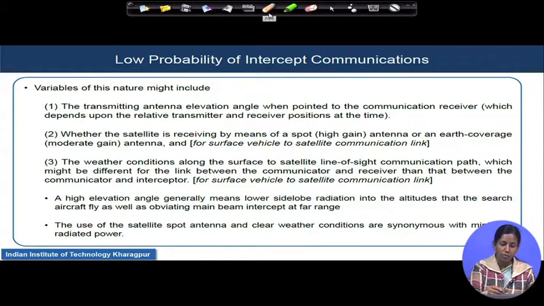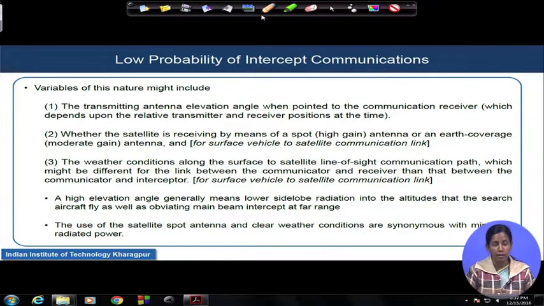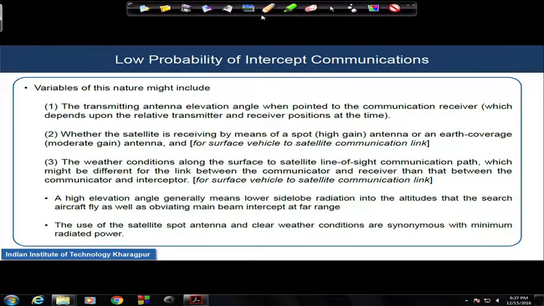Suppose the transmission elevation angle, the antenna elevation angle when it is pointed to the communication receiver. Depending upon what elevation angle we are fixing, whether interceptors will be able to intercept your signal depends. For example, when the elevation angle is very high, the side lobe gains will be very low, hence your possibility of getting intercepted will be low.